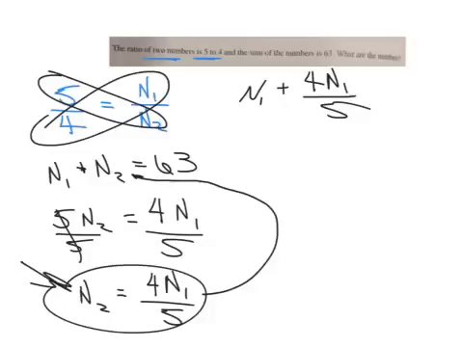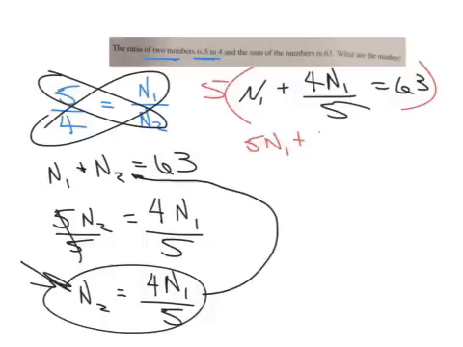Okay, so that plus that equals 63, because what I did is instead of this n2, since n2 equals this, I took this and put it in here. So now I have an n1 and an n1. And that's what I want. So I've got a doggone fraction. So if I multiply this whole thing by 5, that gets rid of my fraction, doesn't it? 5 times 4n1 over 5 equals 63 times 5, which is 315.